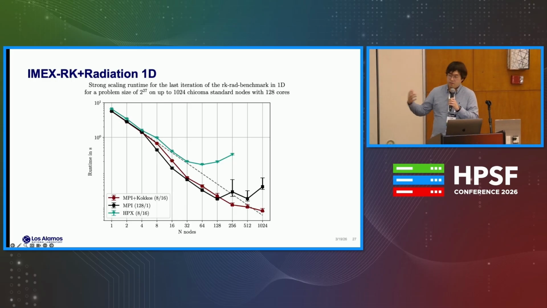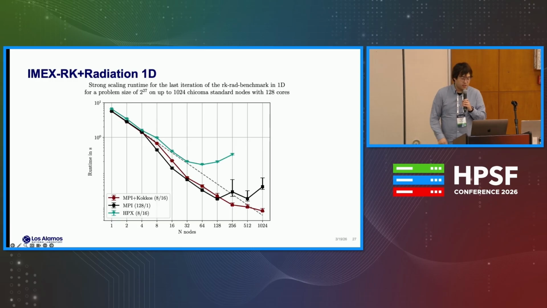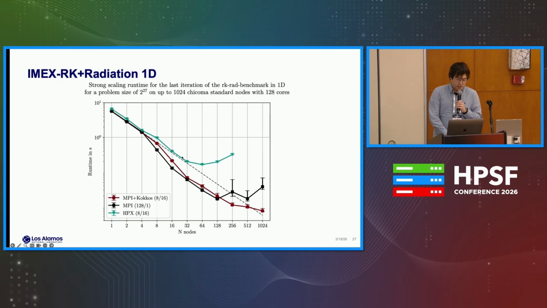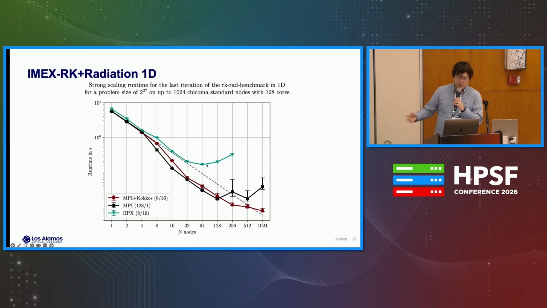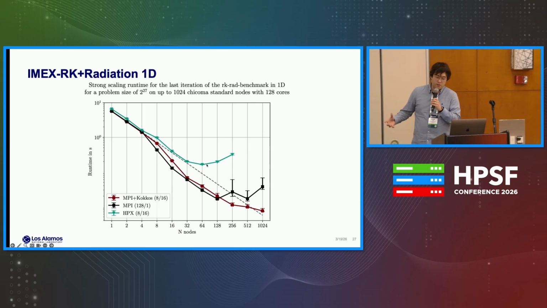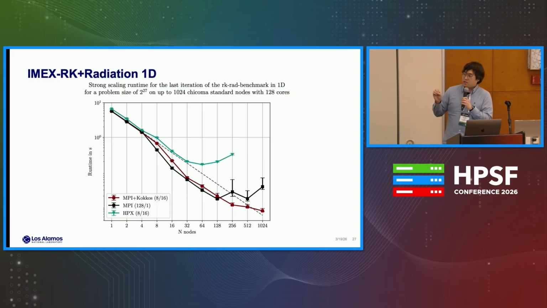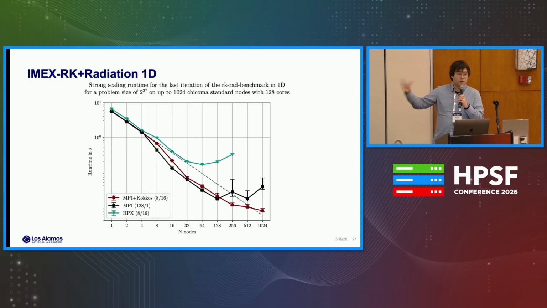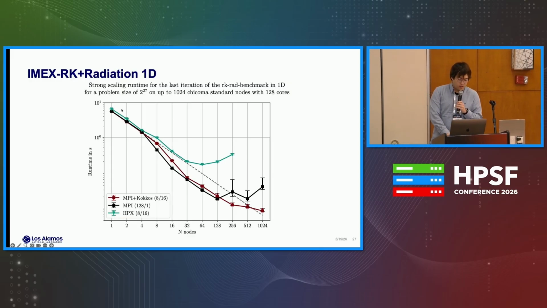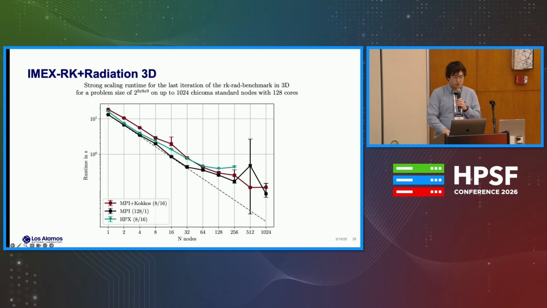So we also compare with just MPI plus Kokkos, and also HPX. The HPX case is having a hard time after about 64 nodes, probably due to additional load balancing we really don't encounter right now. So I think the FleCSI team is trying to resolve this issue. But in general, it scales pretty well, both MPI and MPI plus Kokkos.